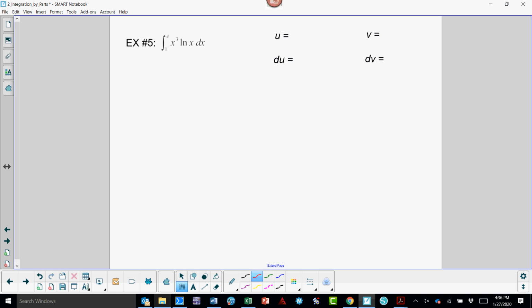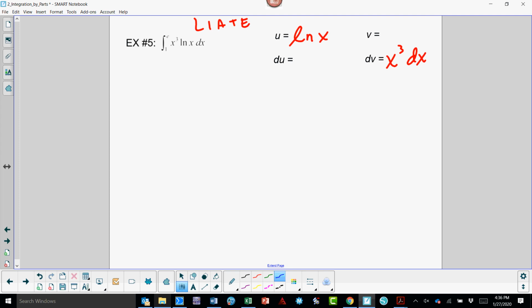The problem is that would mean that dv has to be the log function. So think LIATE, which tells me the first choice for u should be the log function. So I'm going to let u equal ln of x, which means dv is the rest of it, which is x cubed dx. Okay, so you're going to have what's left.